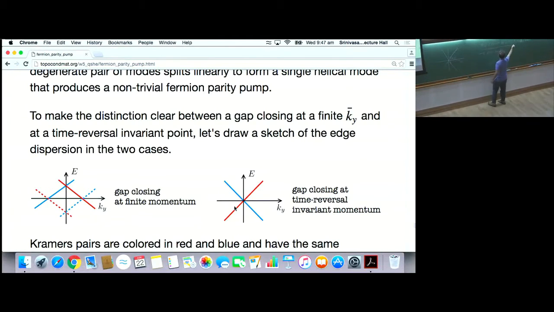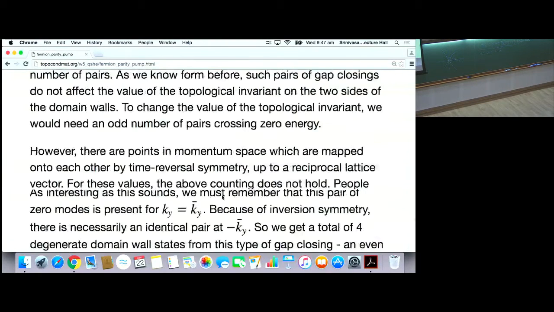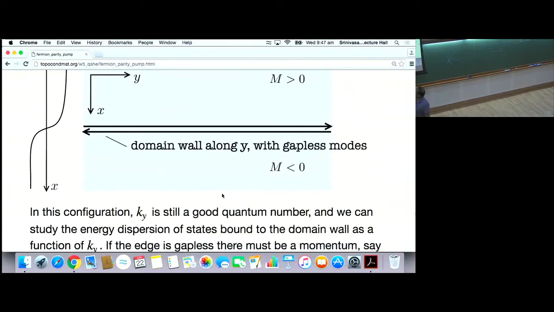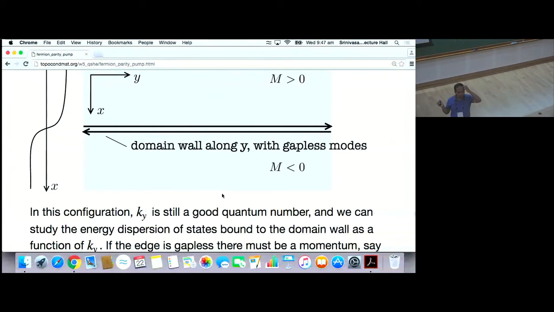That's the condition, right? This is just to remind you, ky along this direction is fixed. Momentum along the y direction is fixed at 0, and I'm looking at a domain wall along the x direction. So far, so good? Okay.